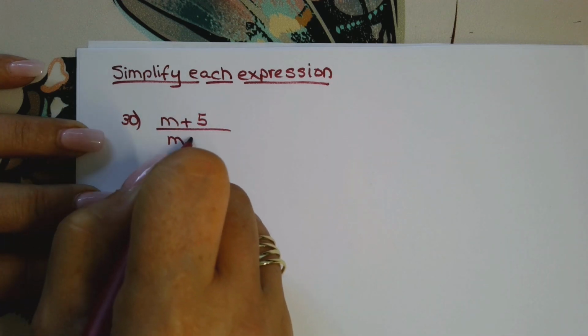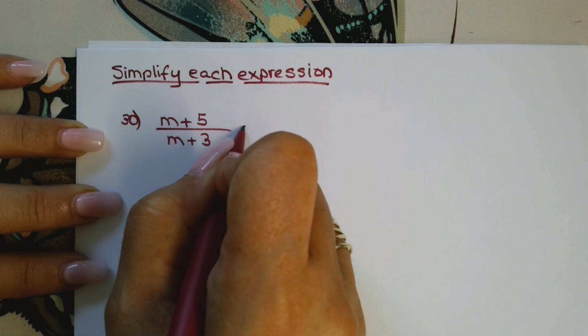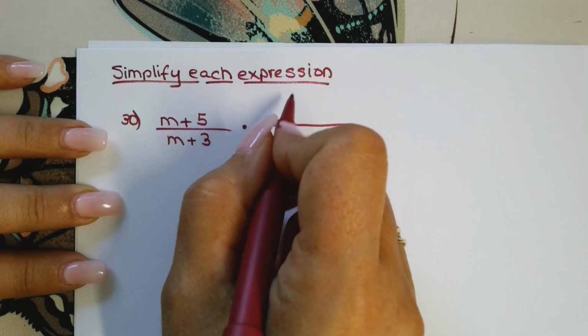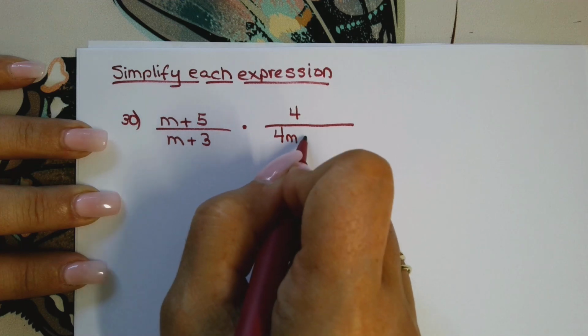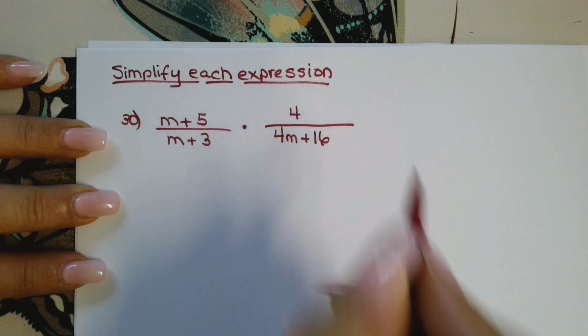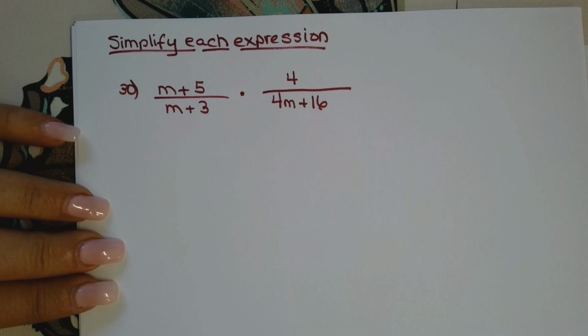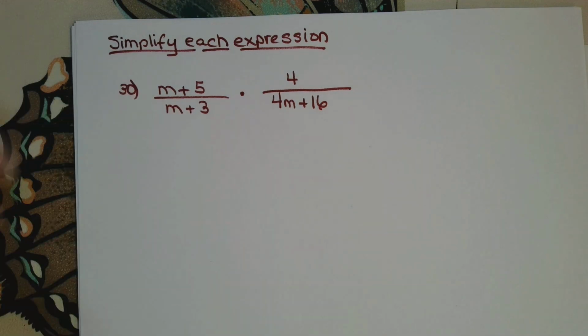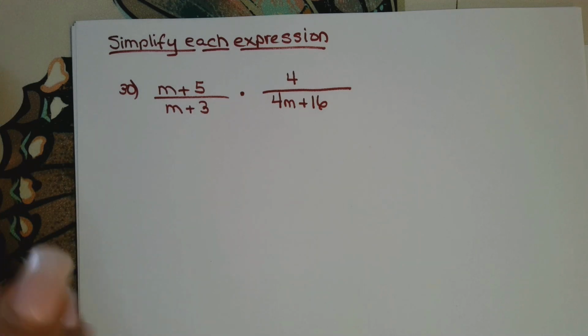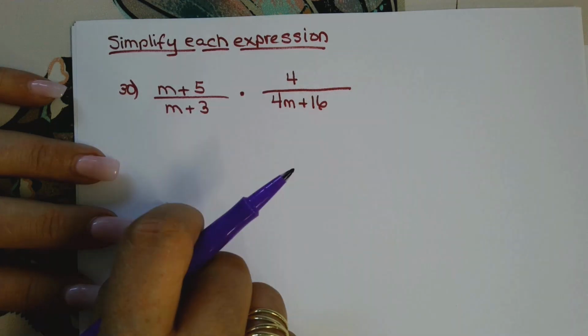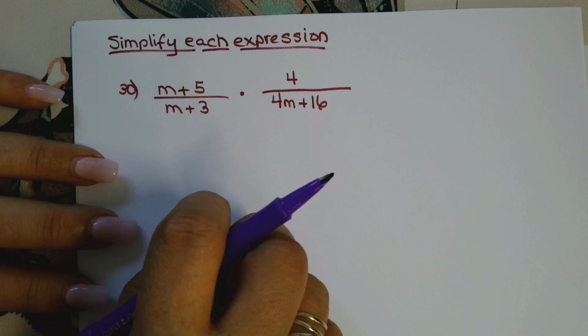One of the nice things about this one, as opposed to what I had you do previously, is that I'm not asking you for the excluded values. So you don't have to worry about which value is excluded or not. I'm going to go ahead and do it anyway, but on the actual test, it's multiple choice, and you just have to show me the expression in simplest form.